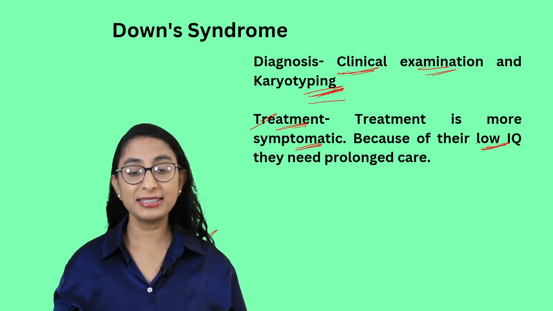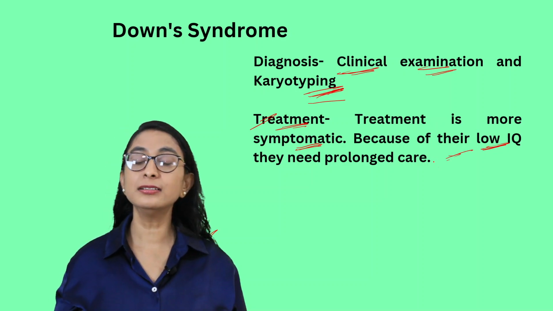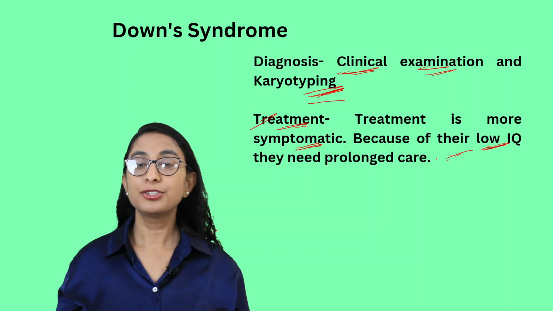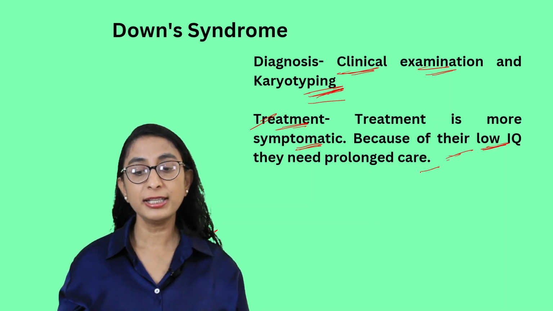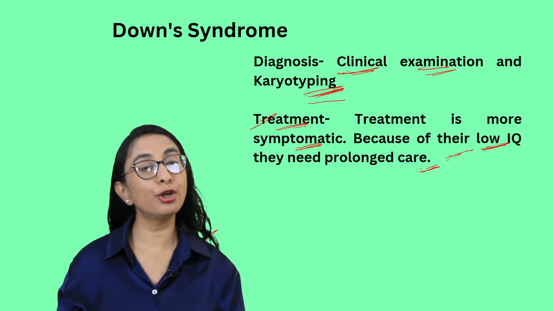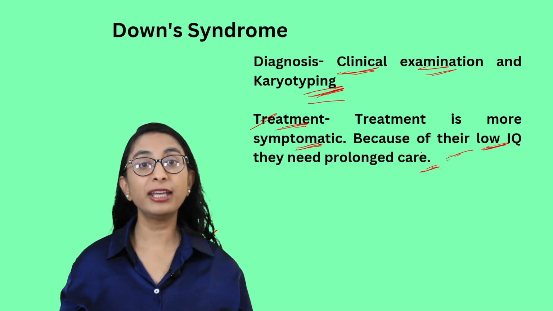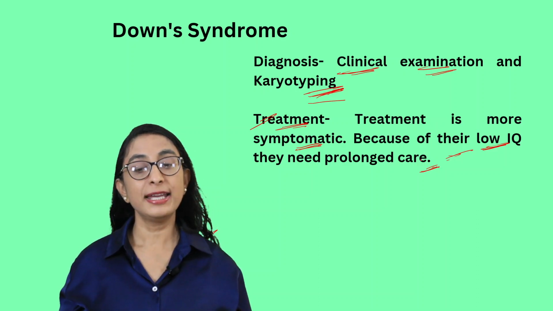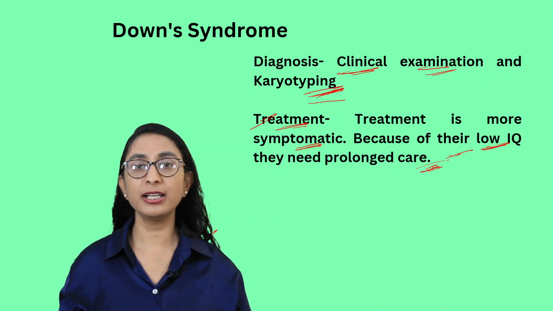These are the important things that the families of children suffering from Down syndrome have to do. Mostly there is not much medication or any other treatment option which can cure Down syndrome. However, depending on the severity, as I already told you, in mild cases they will be able to do their regular activities and so on.